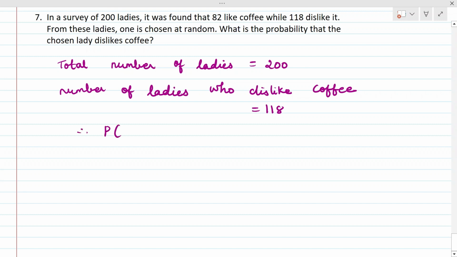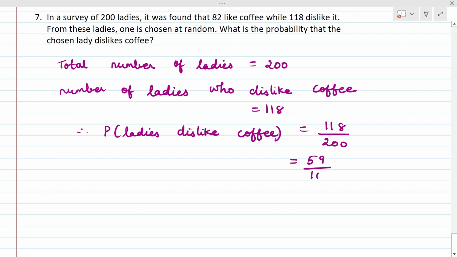Therefore, probability of ladies who dislike coffee is equivalent to 118 divided by 200. So when you cancel this with the 2, we will get 59 by 100. So this is the required probability.